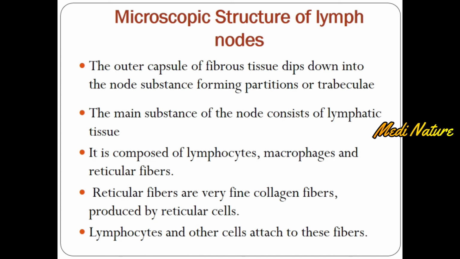The lymphatic tissue is composed of lymphocytes, macrophages, and reticular fibers. The reticular fibers are very fine collagen fibers which are produced by the cells called reticular cells. The lymphocytes and the other cells are attached to these fibers.